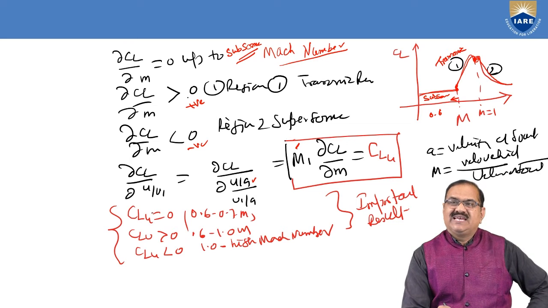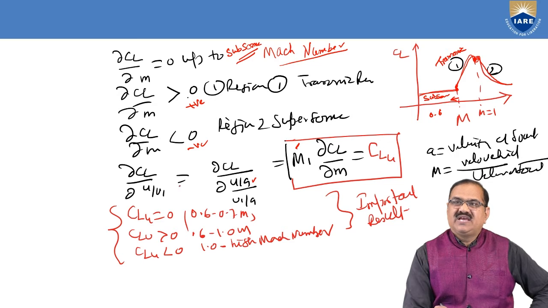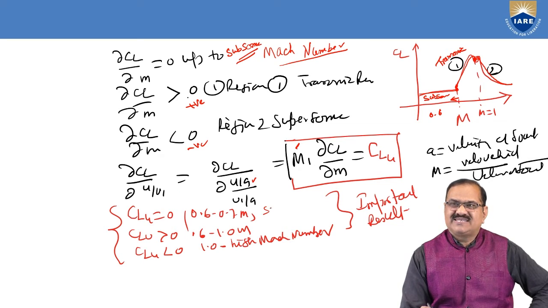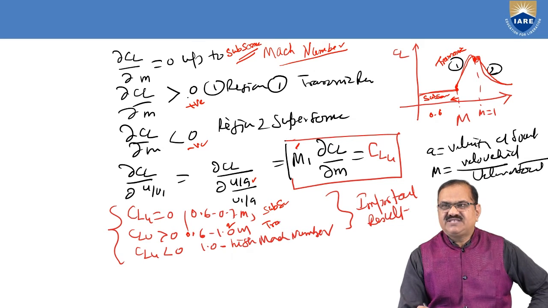So if CLu is 0, as in case 1, at 0.6 to 0.7 Mach, it is subsonic. If CLu is greater than 0, it is 0.6 to 1.2 approximately, and it is the transonic range.